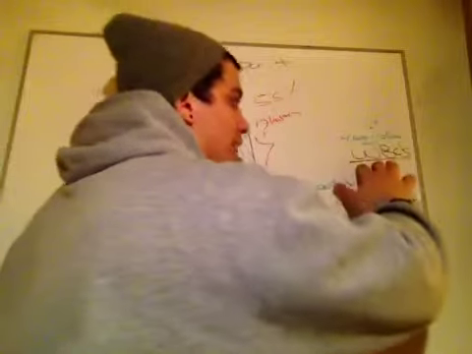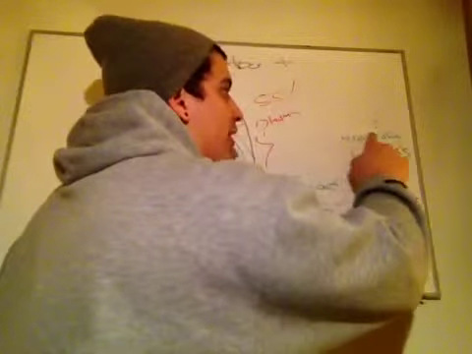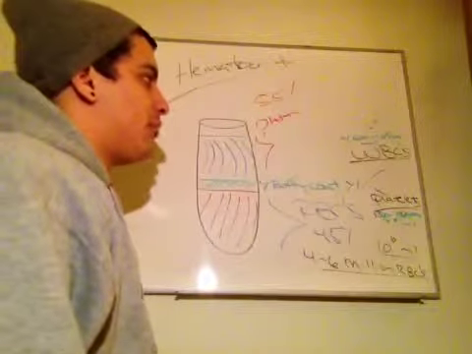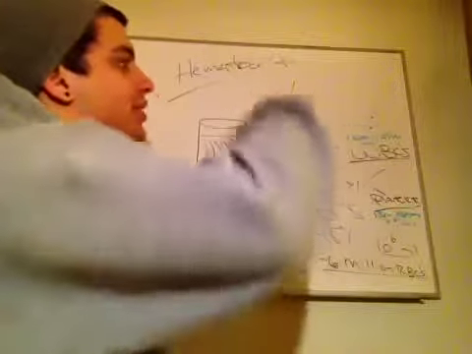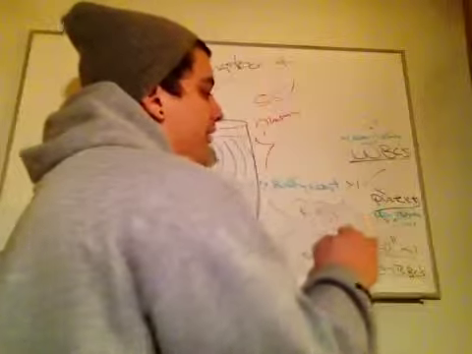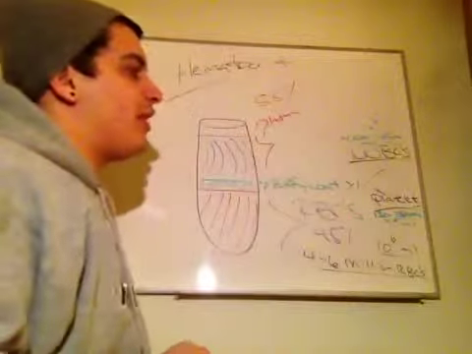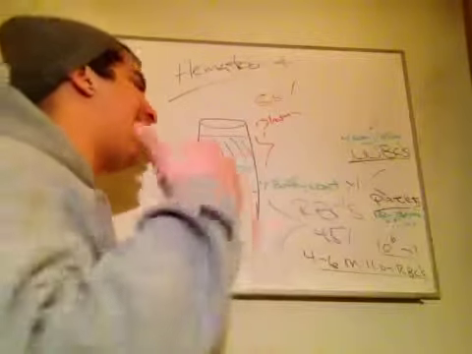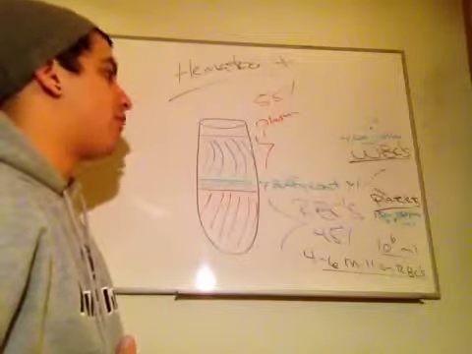For white blood cells, if you're a good student, you'd say 4,800 to 10,800 white blood cells per millimeter cubed of blood. If you just want to be average, you can just say 10 to the 3. Platelets, about 150,000 to about 250,000 platelets per millimeter cubed of blood, or you can just say 10 to the 5 platelets per millimeter cubed of blood.